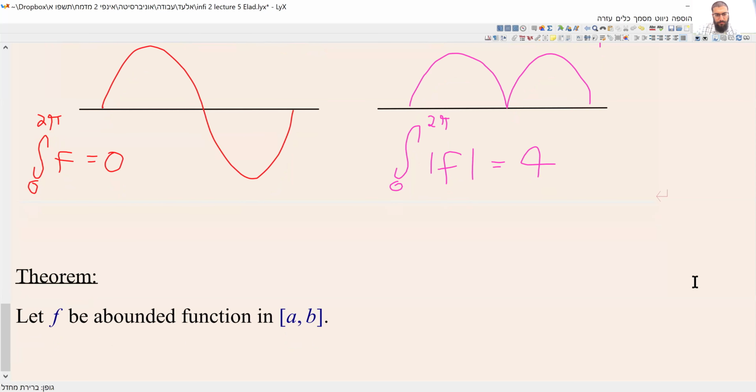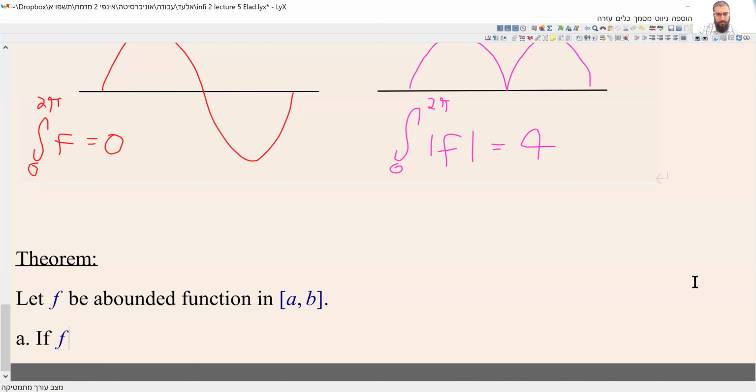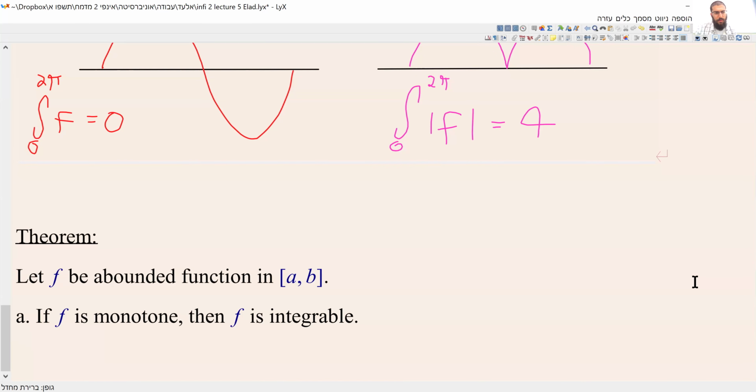First of all, if f is monotone, then f is integrable. The opposite direction is not true. Not every integrable function has to be monotone.